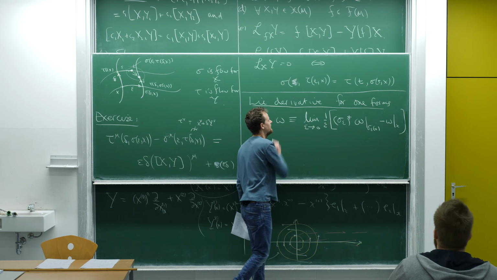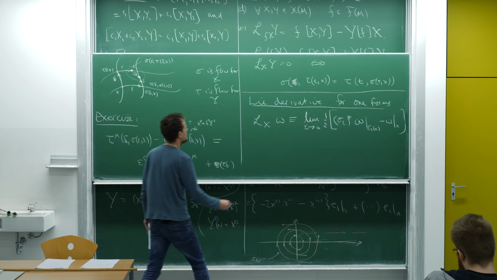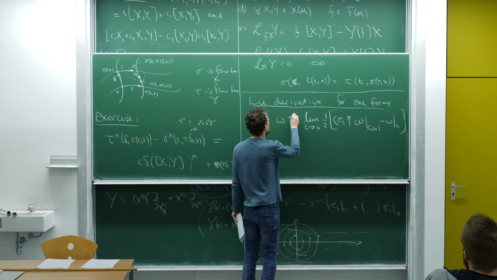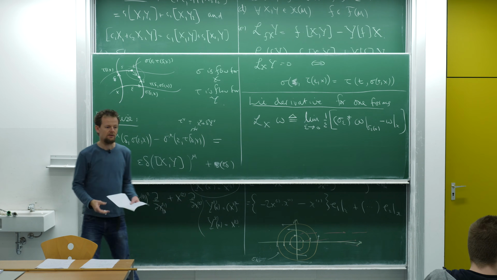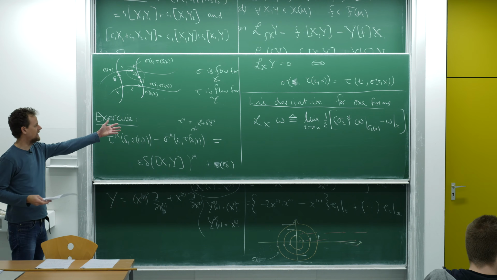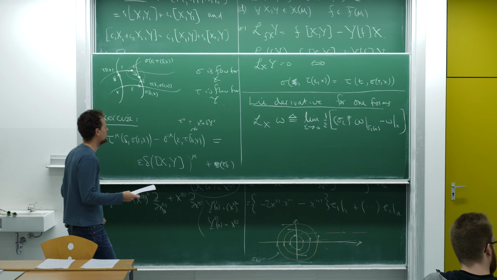So that's actually a definition. I like three lines to mean equivalent, so that's a definition. So that is one natural way to exploit the idea we had for vector fields and apply it to one forms.